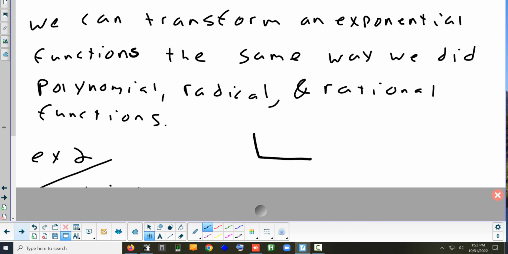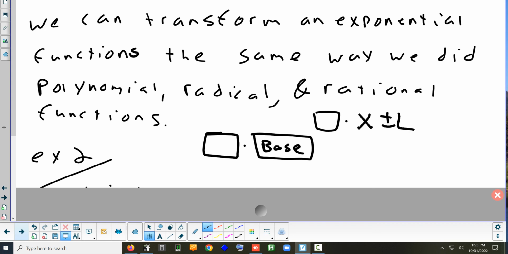All right, so we would have a base. We could multiply by a number in front. Have a power there, times x. We could have a plus or minus.